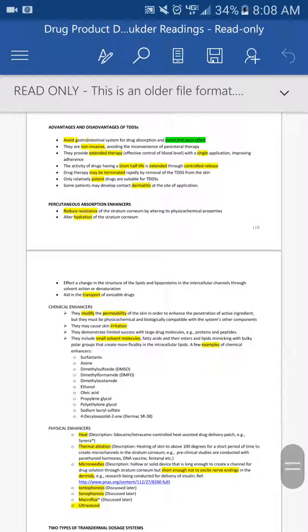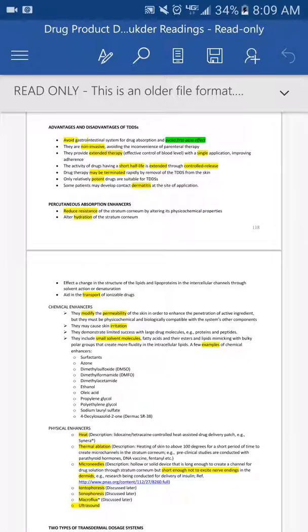Advantages and disadvantages of transdermal delivery systems. Let's talk about avoiding the gastrointestinal system by avoiding the first pass effect. Remember, skin avoids first pass. They are non-invasive, avoiding the inconvenience of parenteral therapy.